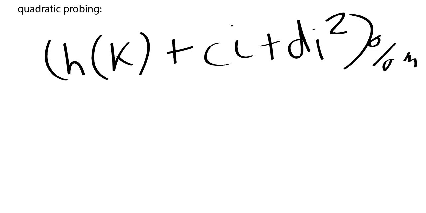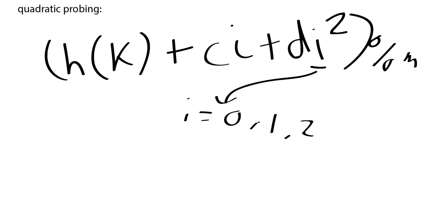And once again, we have i equal to 0, 1, 2, and so on. So if we do something like this, this is quadratic probing. So we make much larger jumps, and instead of going to each next index, we jump several indices. So we don't have extremely long probe sequences.